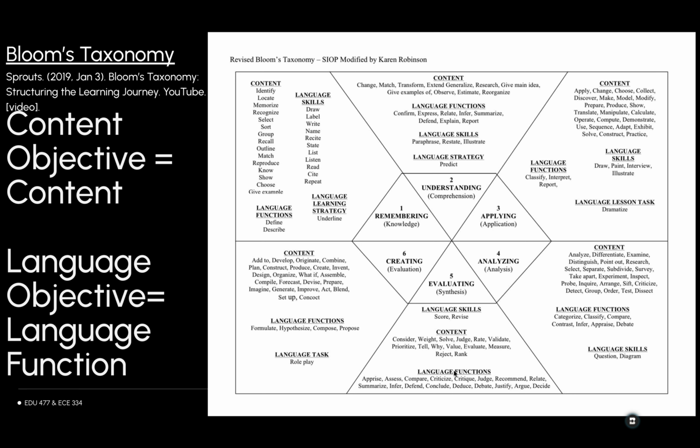And then synthesis is the next one, and then evaluation is the next one. Synthesis has to do with considering, weighing, solving, judging, evaluating, and then for creation, you're adding, developing, originating. So even, let's say, designing.